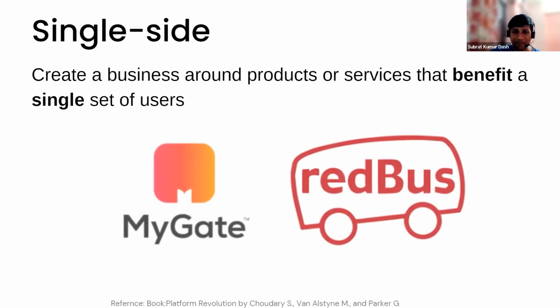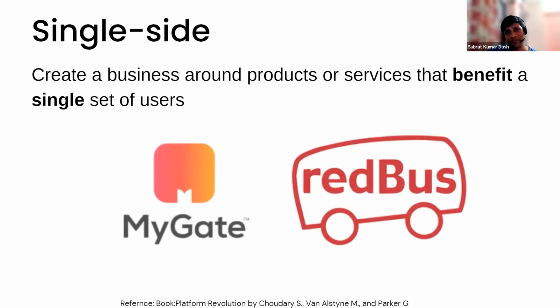Going to the fifth, which is single-side: first you solve a problem for one set of users. So what exactly Mygate did when they started this app is they solved the problem for the apartment users. They wanted to see how the security is behaving, how people are coming inside.